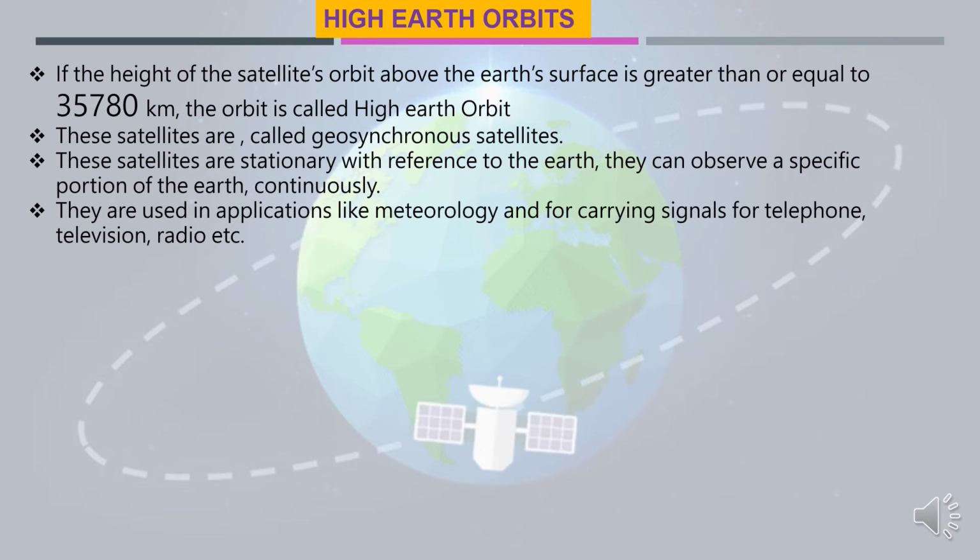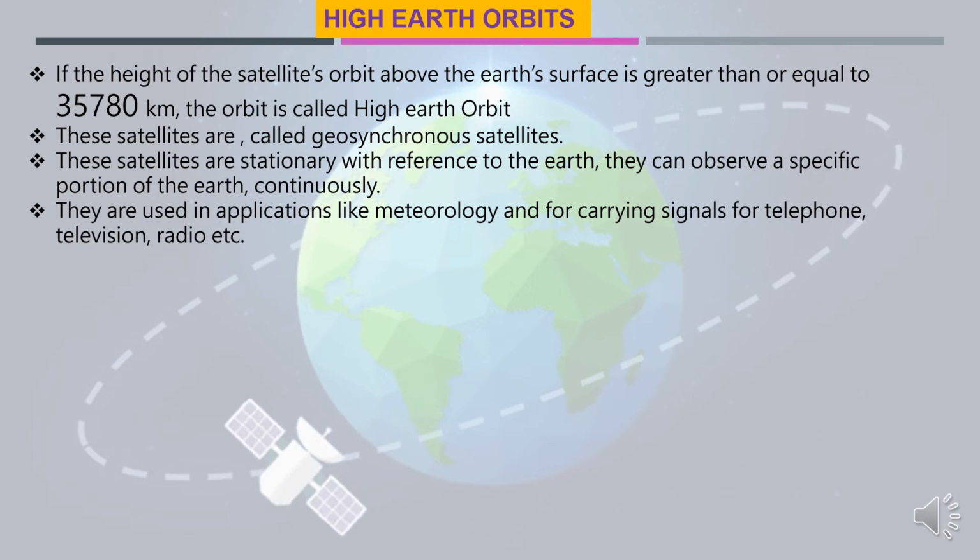High Earth orbits. As the term suggests, high Earth orbit means Earth is in the middle and this orbit is very far from Earth. If the height of the satellite's orbit above the Earth's surface is greater than or equal to 35,780 kilometers, the orbit is called high Earth orbit.